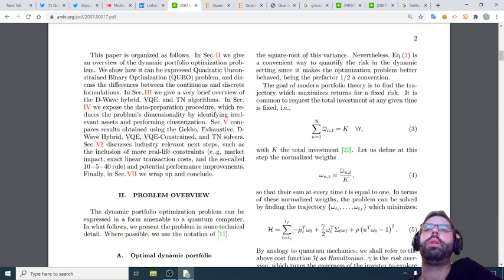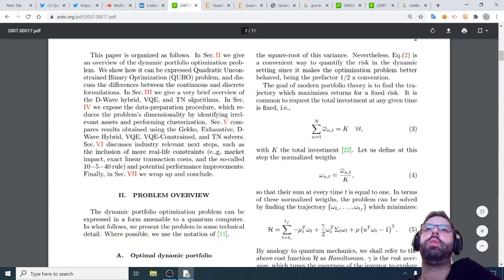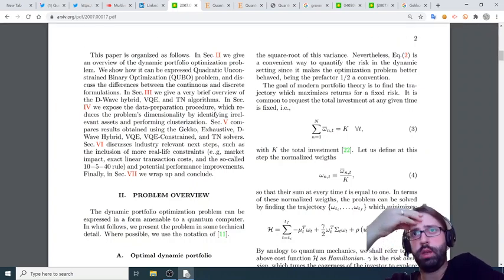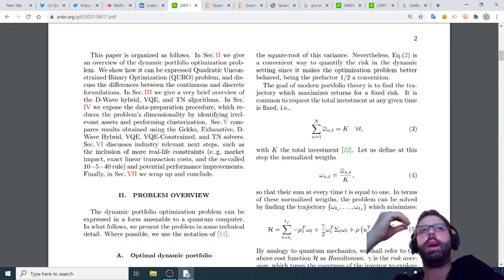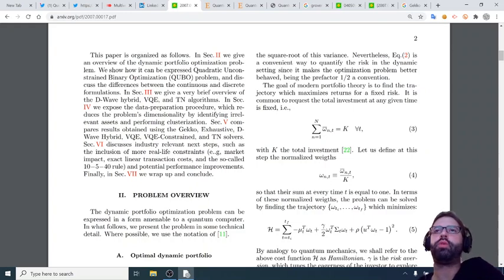With k the total investment, let us define at this step the normalized weights so that their sum at every step is equal to 1. Ah, okay, I get it. So the thing with the stripe is that it's not the percentage that you're putting into every asset, but the actual investment money.